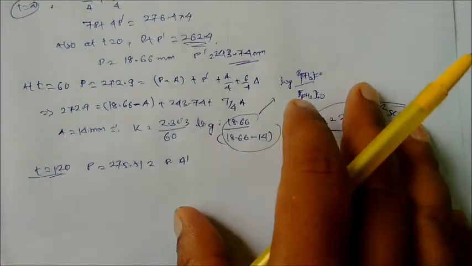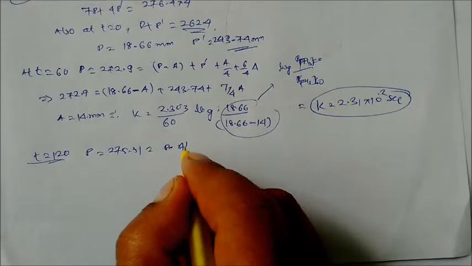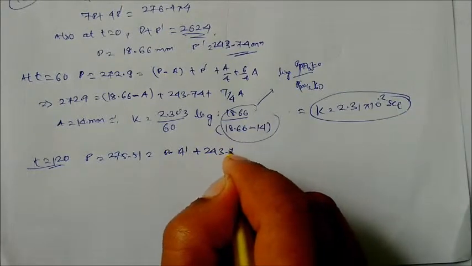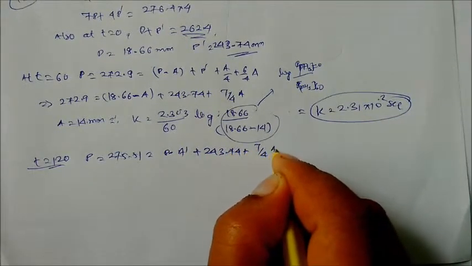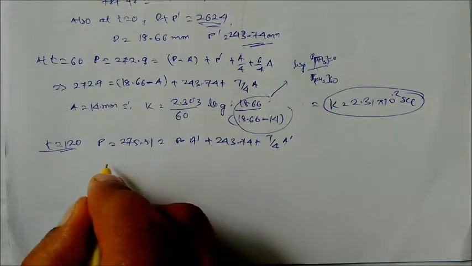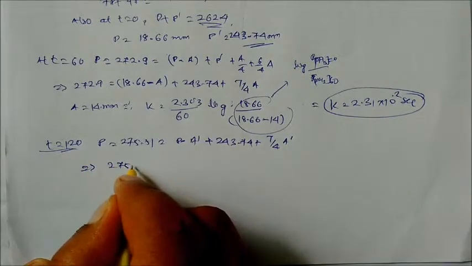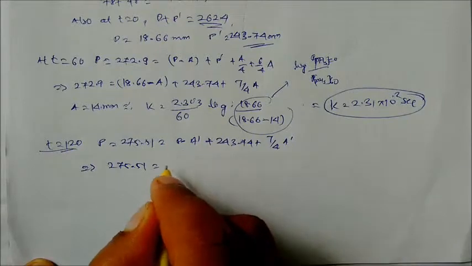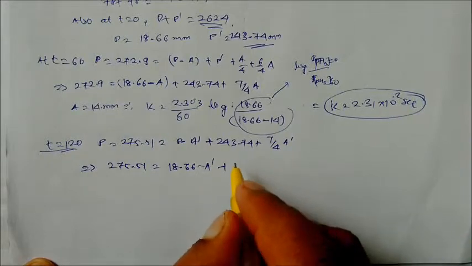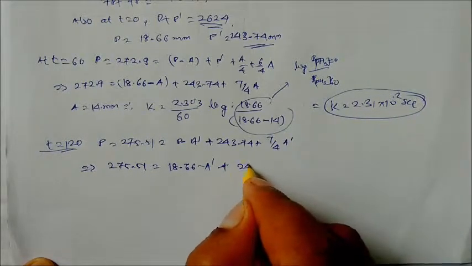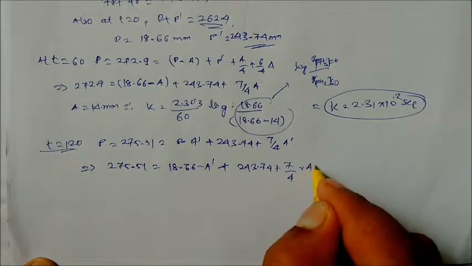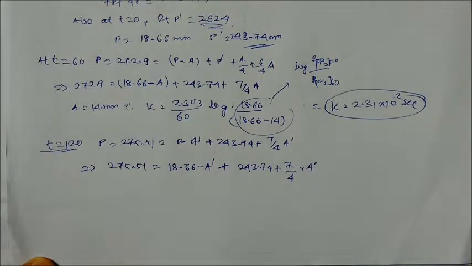So 275.51 equals P, the initial pressure 18.66 minus A dash, plus 243.74 plus 7 by 4 into A dash. So these are the equations.